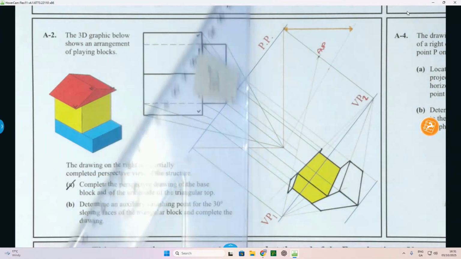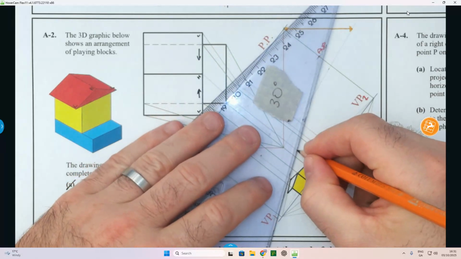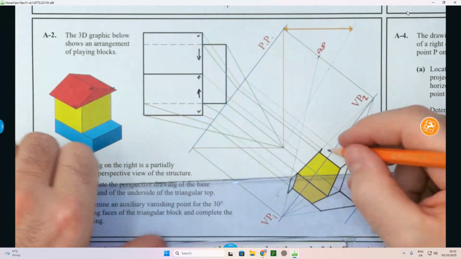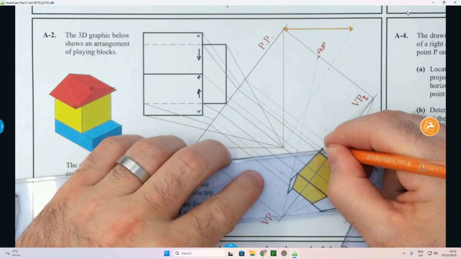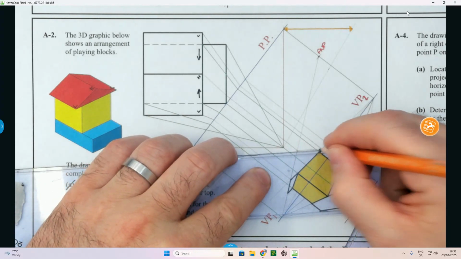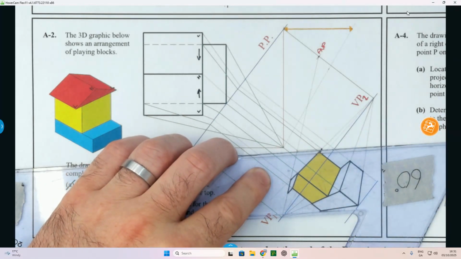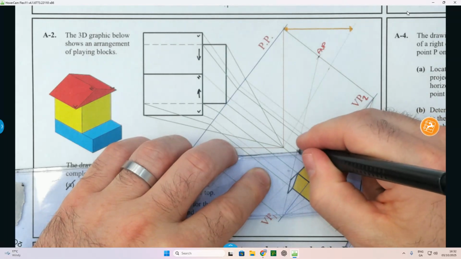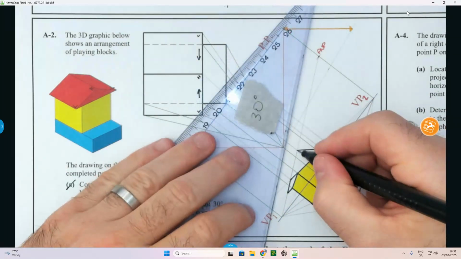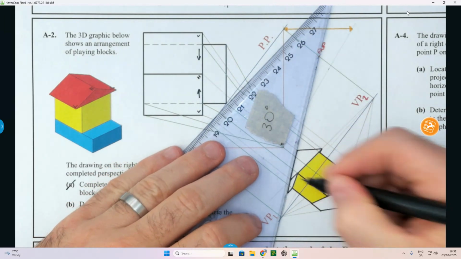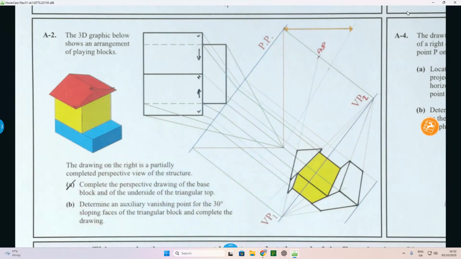And there we go. I connect this up to here, and that simply connects down to here. And just with my marker now, there we go.